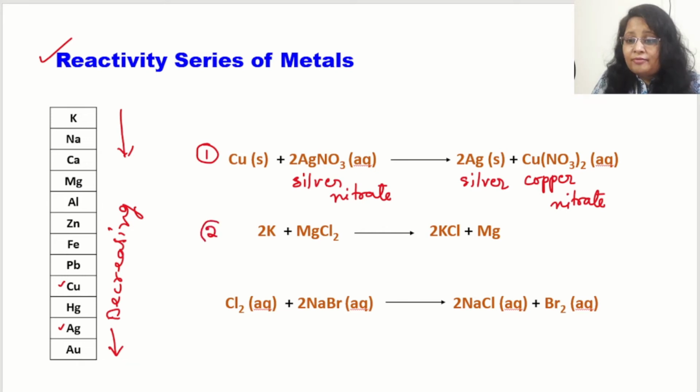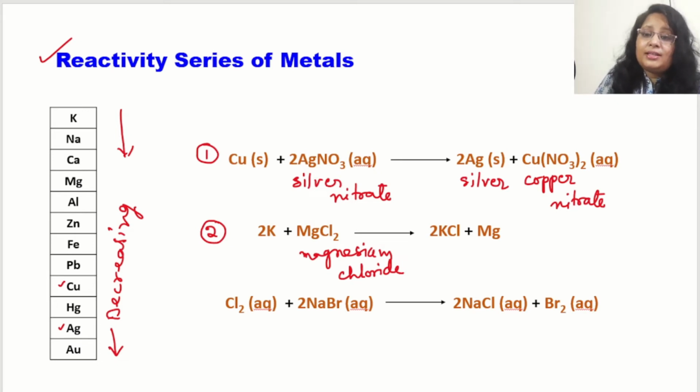Second, let's have one more example. Here potassium is added to magnesium chloride. So potassium and magnesium are two metals. Let's see, potassium is on the top. That means potassium is highly reactive, the most reactive element. And then comes magnesium somewhere below it.